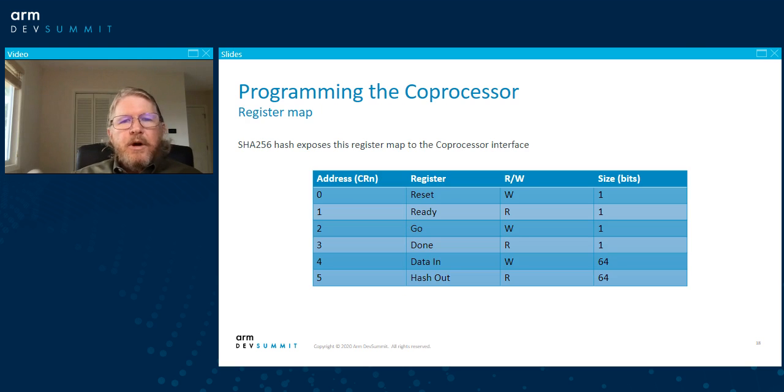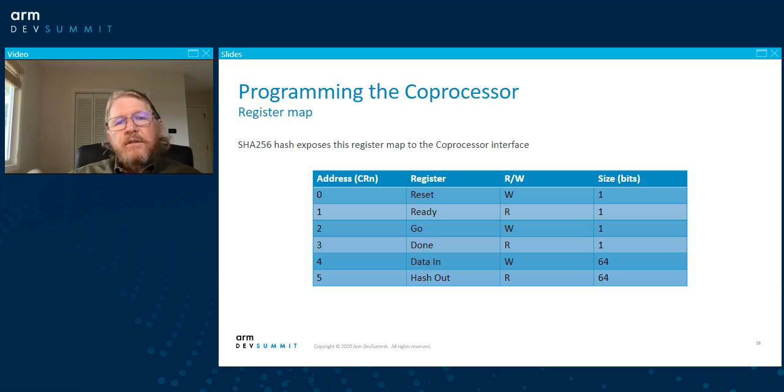So our coprocessor that we created for running the SHA-256 encryption has this register map. So we have a number of registers 0 through 5 that we can read and write. The reset will do a soft reset on the coprocessor.